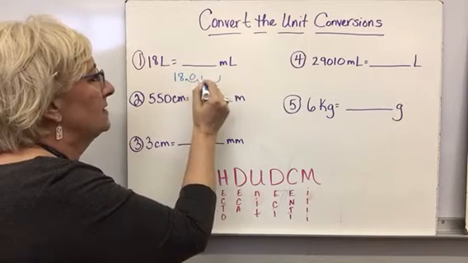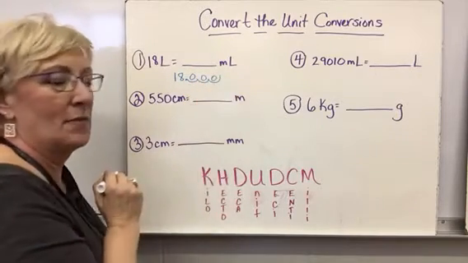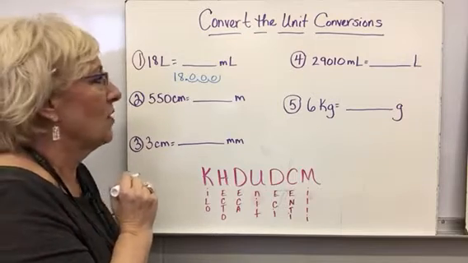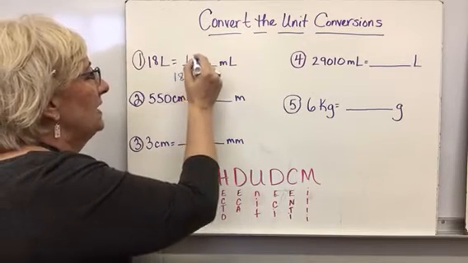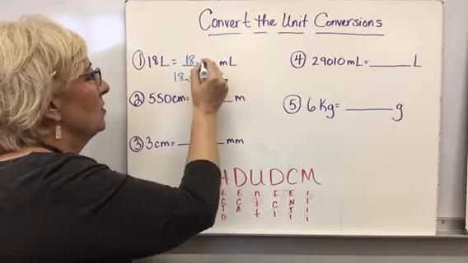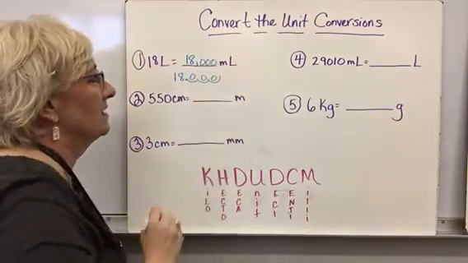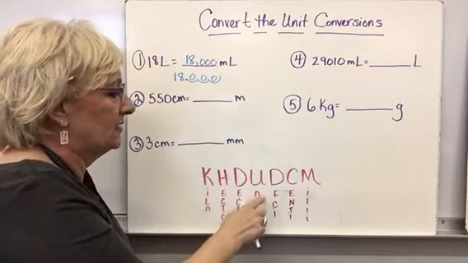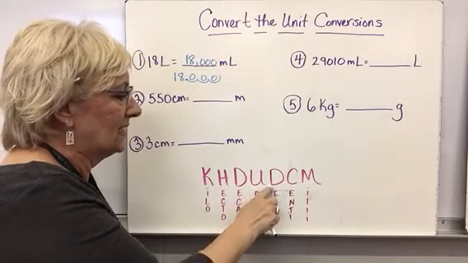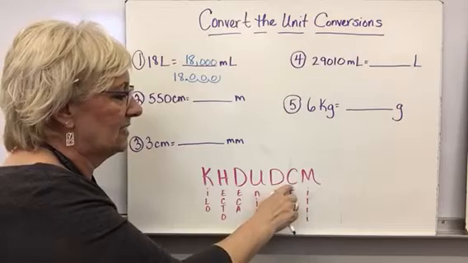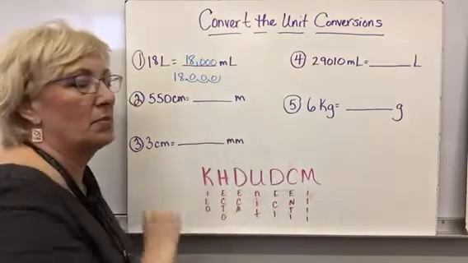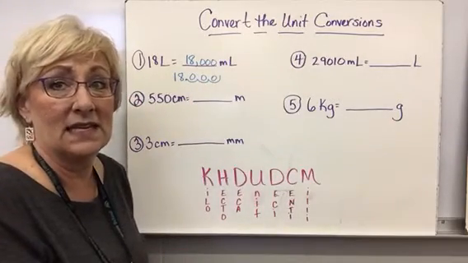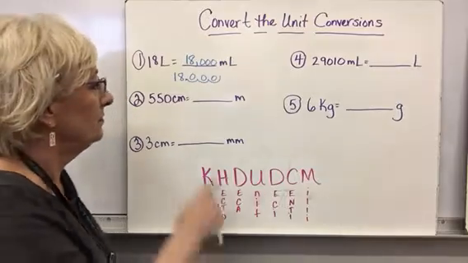And in these places that are empty or vacant, I'm going to put a 0. So I know that 18 liters is going to equal 18,000 milliliters. Remember, I'm multiplying by 10, and so every time I multiply by 10, this is like saying 10 times 10 times 10, I'm really multiplying 18 by 1,000.